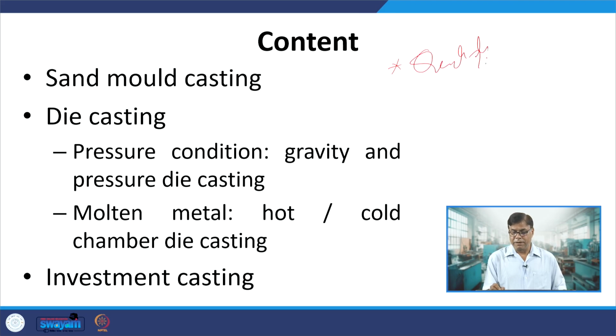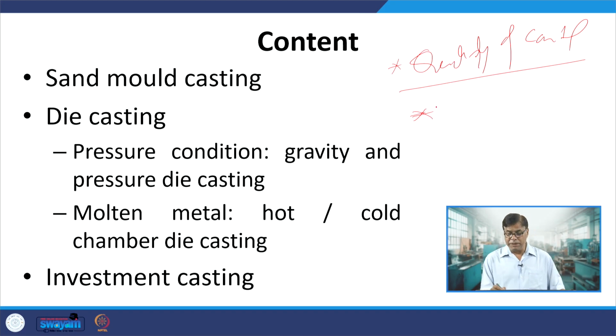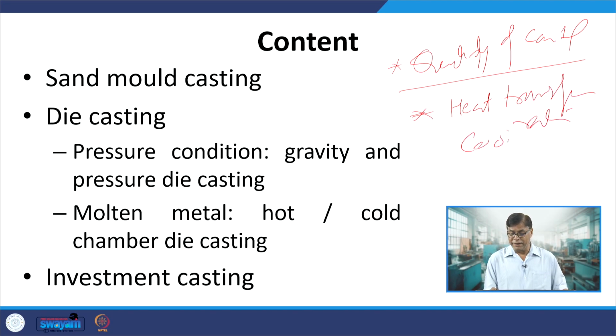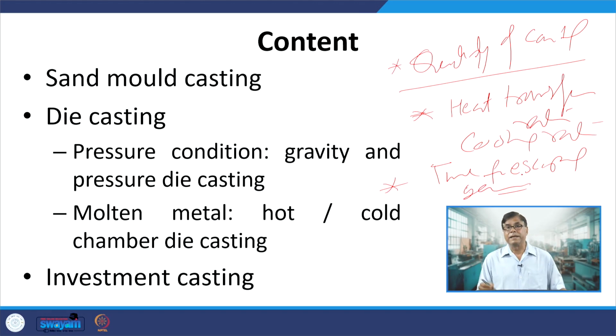The quality of the casting is significantly affected by factors associated with the mold material, like the heat transfer rate, which governs the cooling rate experienced by the molten metal during solidification, and the second one, the time for escaping the gases. If the time is less, then the gas entrapment tendency is more.